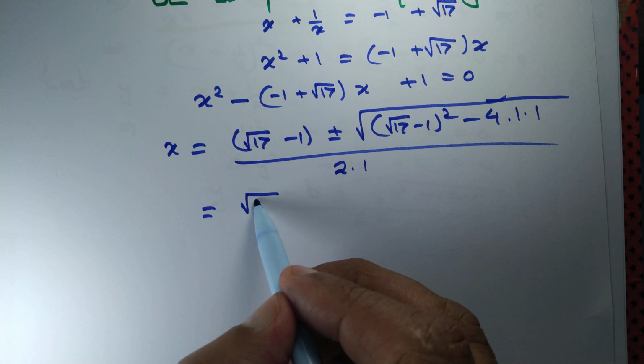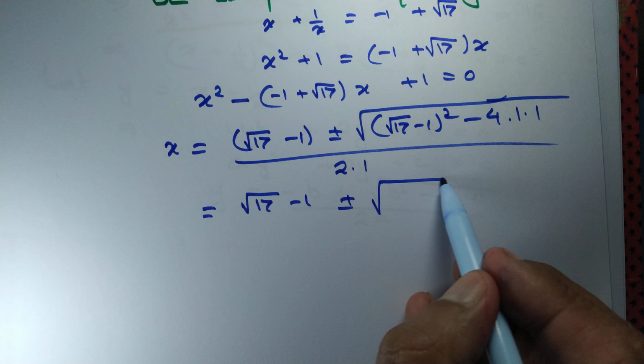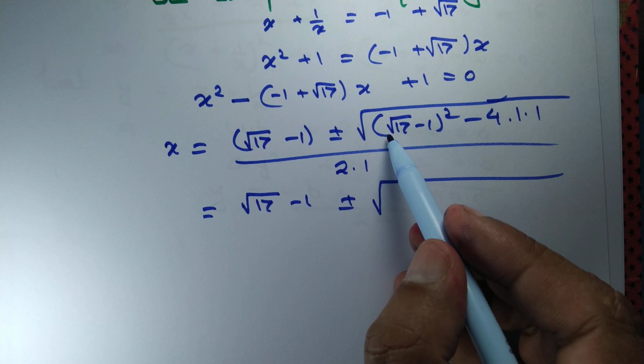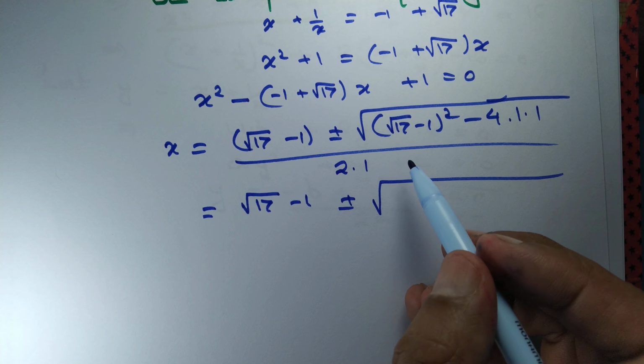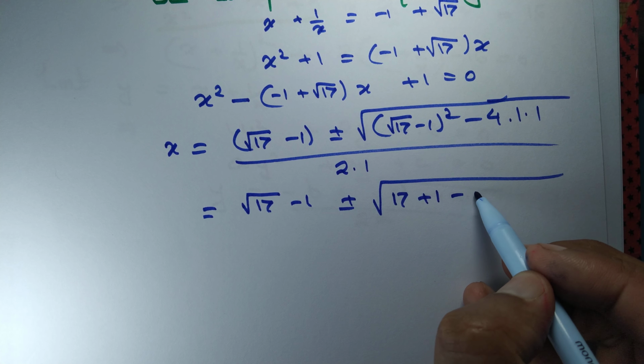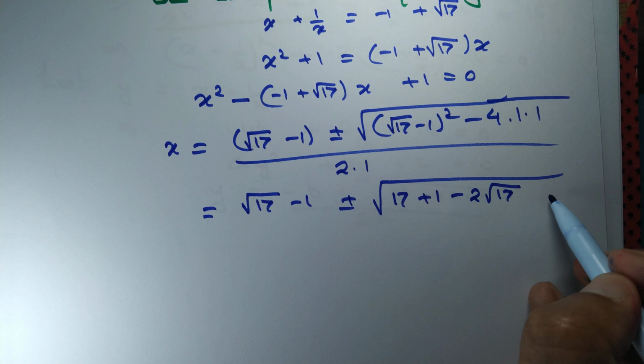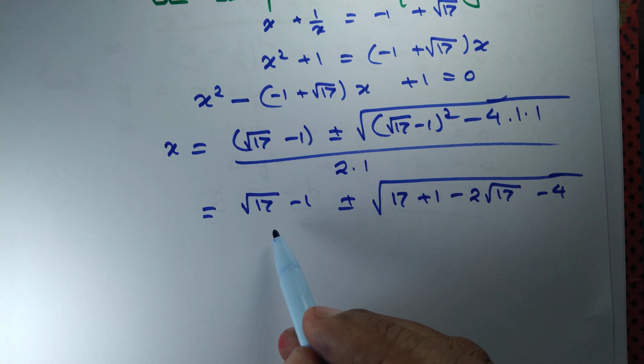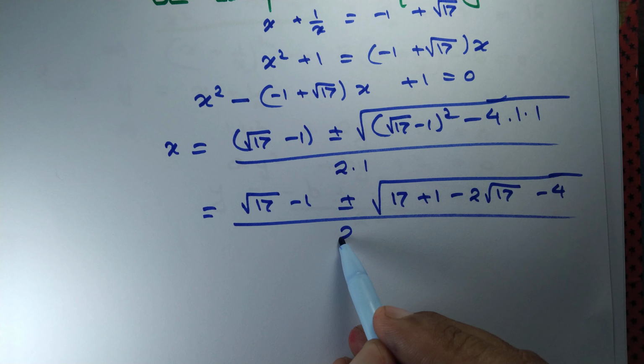That's equal to root 17 minus 1 plus minus root over, we apply the formula (a minus b) whole square: root 17 square is 17, 1 square is 1, minus 2 into root 17, minus 4, divided by 2.